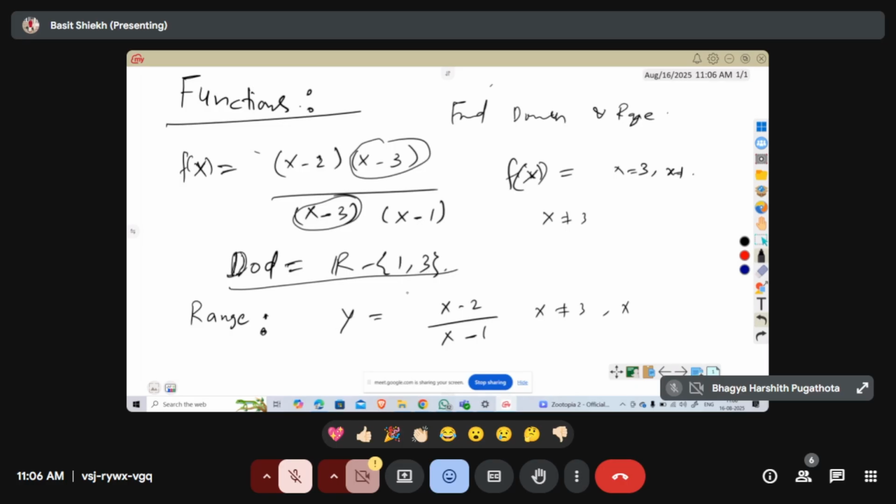For the range, I will cancel this x minus 3 and x minus 3. Why? Because for the domain, I have already removed 3 and 1. x is not equal to 3 and x is not equal to 1, we can write. So now we can find the values of x. I'm going to the next page.